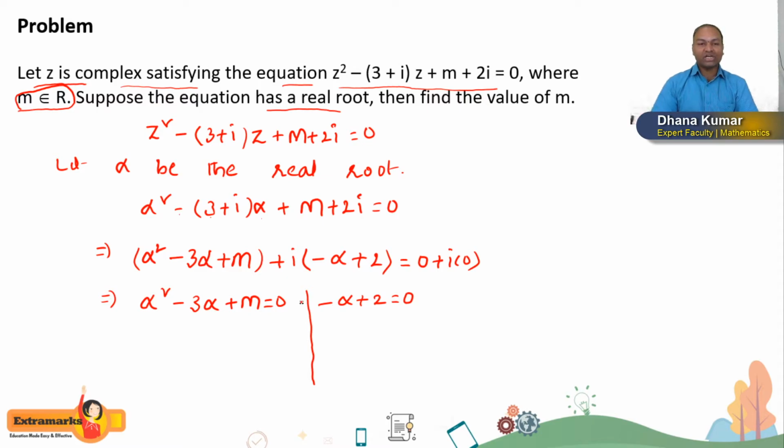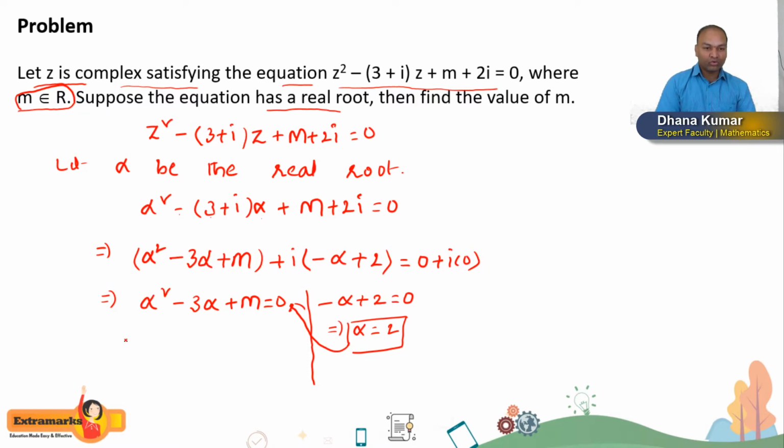Minus alpha, shift that side, implies alpha is equal to what? 2. So the real root is 2. But here the question is not asking for the real root. Here you find the m value. Here we have to put alpha in this equation, then we can get the m value. Understood? Right. So put alpha is equal to 2.